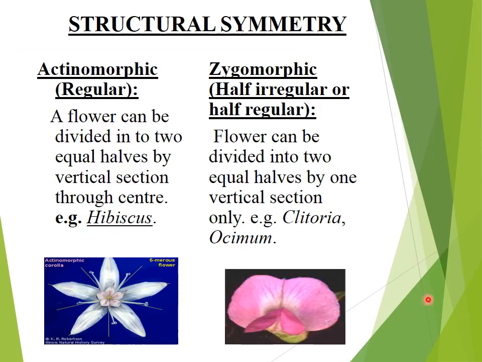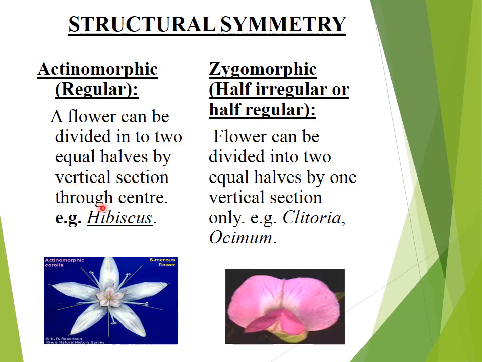Structural symmetry: actinomorphic and zygomorphic, two types. Actinomorphic, the flower can be divided into two equal halves by a vertical section through the center. Hibiscus rosa-sinensis, China rose is an example, Rosa indica is an example.